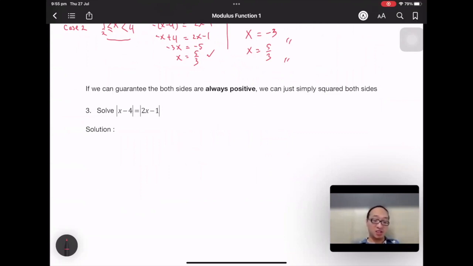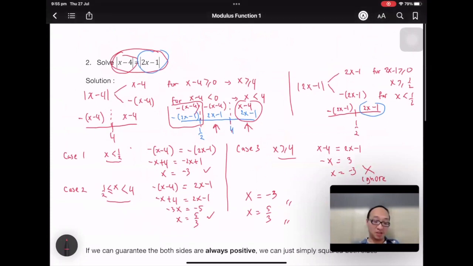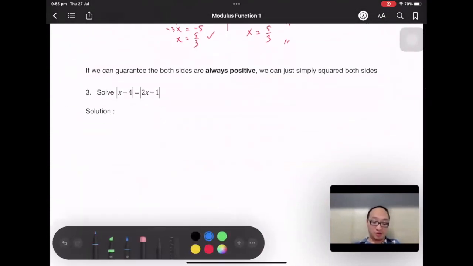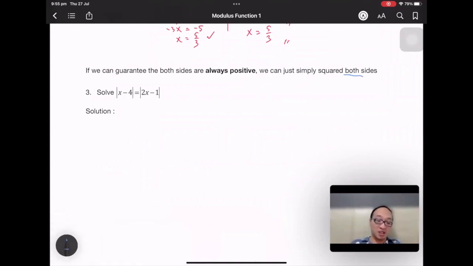So this is the same example, if you see. And then I try to use this one. We just square both sides. So it's x minus 4 squared equals 2x minus 1 squared.